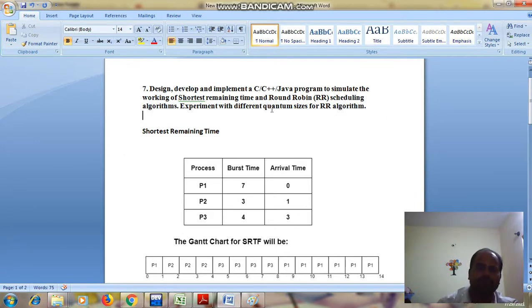Here we have to execute two algorithms in the same program. The first is shortest remaining time, and the second is round robin scheduling.